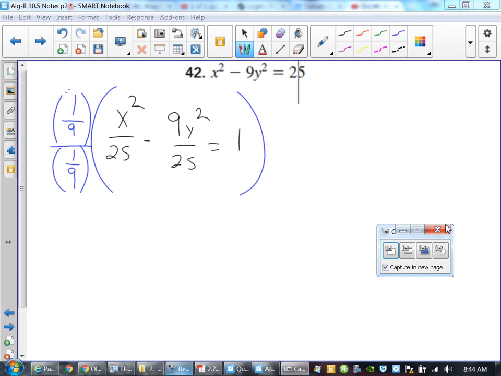Okay? This is the weird trick. I think there might only be 3 or 4 problems like this in the entire chapter. I don't think there's another one today. I think 41 seems like one.